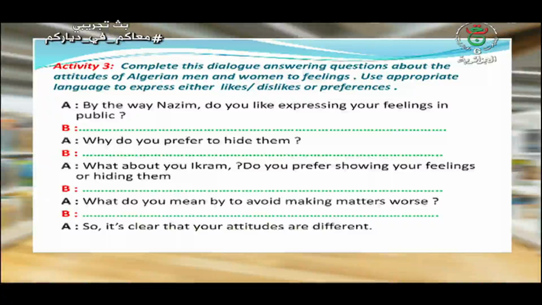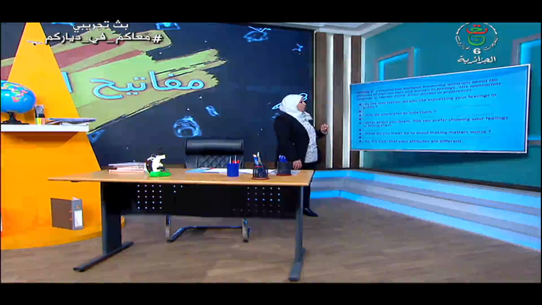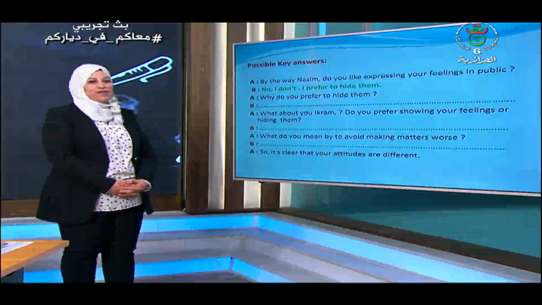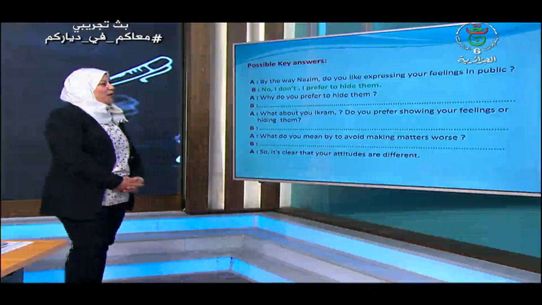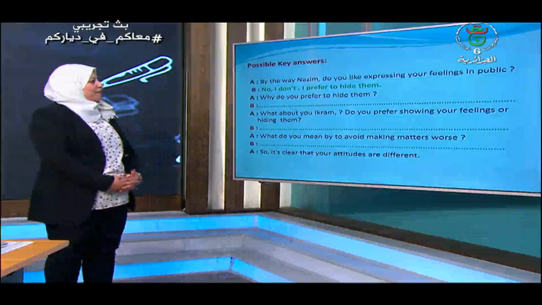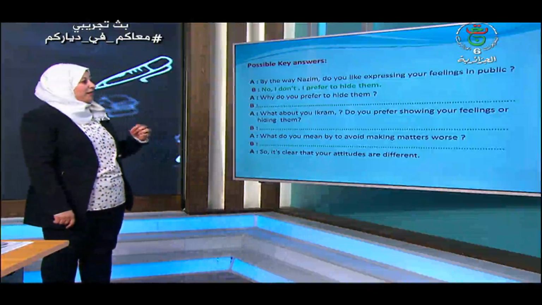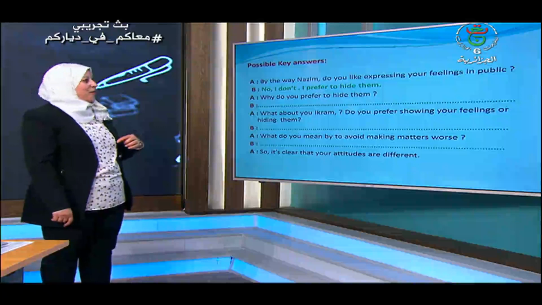Good. Let's correct to understand better how these two people are different in expressing their feelings and emotions. So Nazim answers first. By the way, Nazim, do you like expressing your feelings in public? Nazim says, no, I don't.